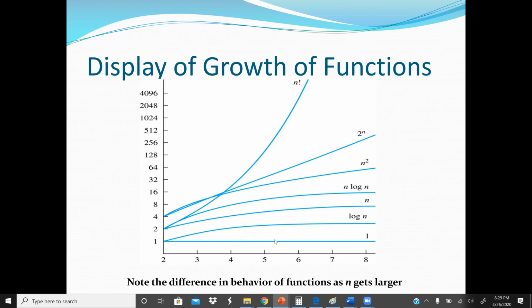A constant value, in this case 1, will be horizontal. If the constant value is, let's say, 30, then we go to 30 and draw a constant, horizontal line. And 2 to the power n will give us a linear increment.